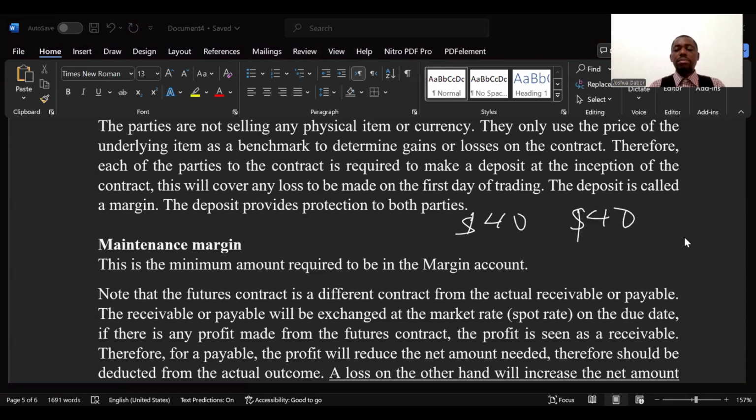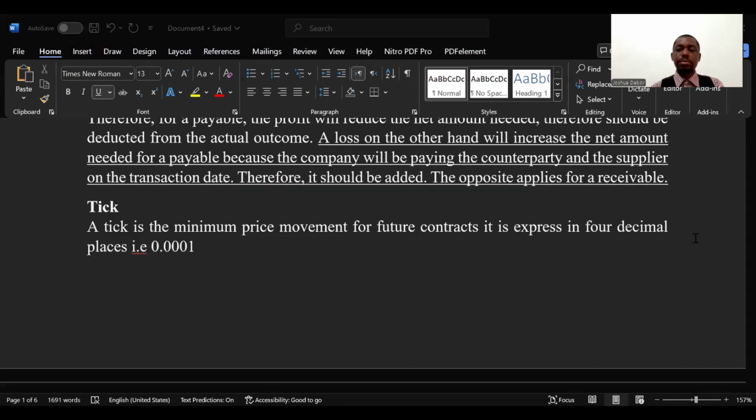If at the end of day one, party B has made a loss of $35, and the maintenance margin is $40, it means that party B needs to pay the clearinghouse $35 to make it $40. So if that is the maintenance margin, at the end of trade, the minimum balance in your margin account shouldn't be less than $40. Okay, so that is the maintenance margin.